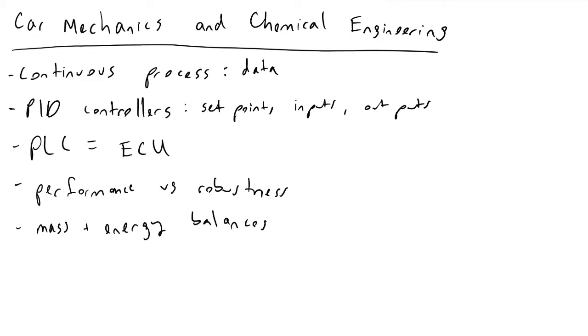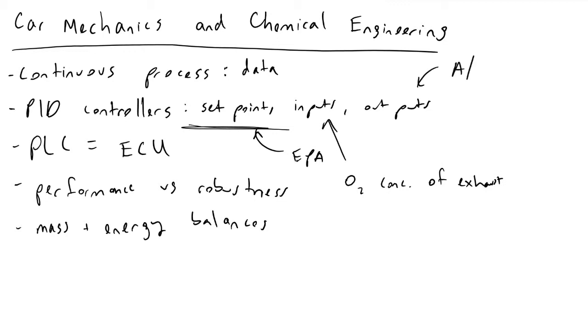This ties right into process control that you learn as a chemical engineer when we have set points. In this case, these set points probably come from the EPA, regulating what kind of tailpipe emissions we can have. Our input is the O2 concentration of your exhaust, and our output is the air fuel mixture that goes into your engine.